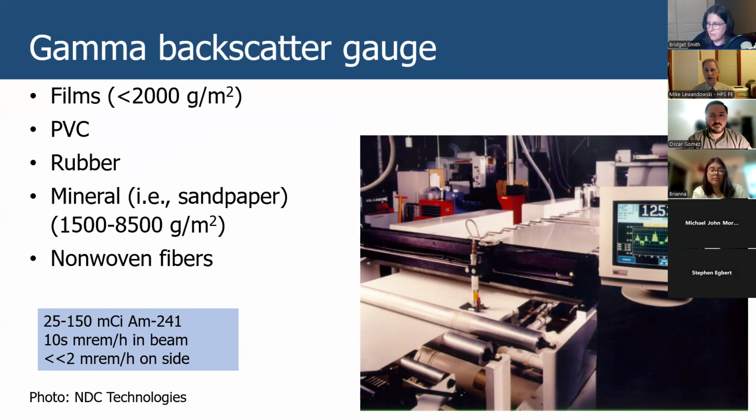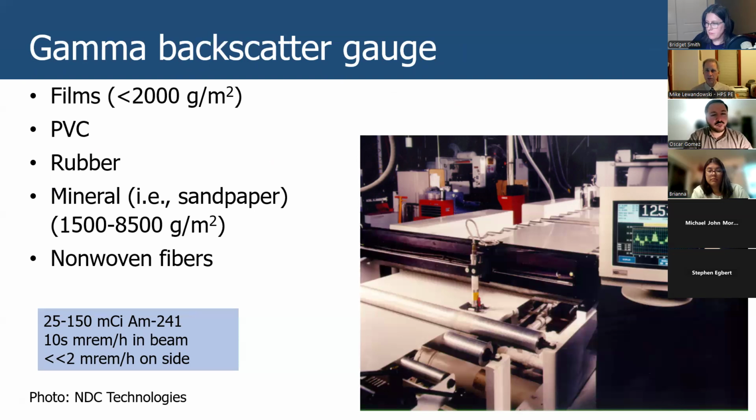So films up to 2,000 grams per square meter, and beta gauges are really good at measuring less than 2,000 grams per square meter. Extruded PVC, so the thickness of PVC pipes, is measured and monitored using this type of radiation gauge. Rubber, if you're thinking about layers of rubber, is also monitored using this kind of one-sided measurement.